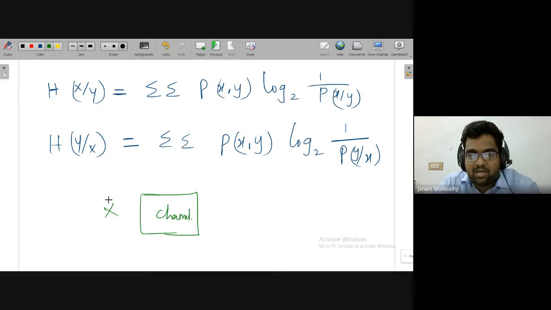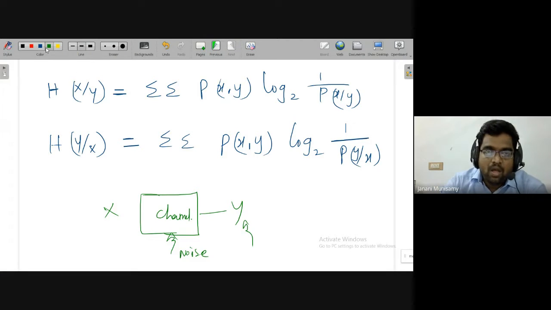Then the symbols I am going to transmit over the channel, noise will be introduced in the channel. So at the output of the channel, I will get y. Now I am introducing noise, which further modifies our information. Now there will be uncertainty in y also.